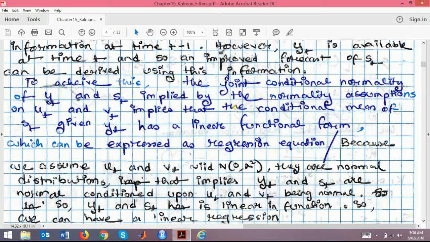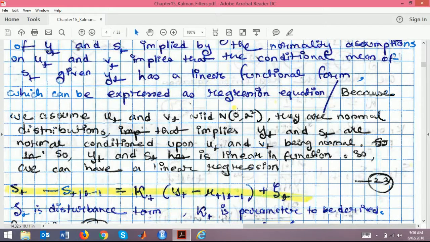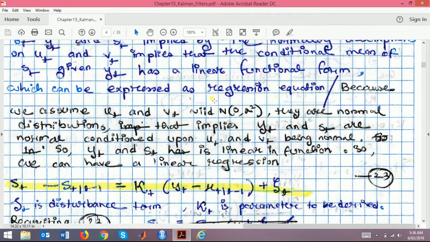That can be expressed as a regular regression equation. Because we assume ut and vt are IID normal distributions, that implies yt and st are normal, conditioned upon ut and vt being normal. So yt and st are linear in function, so we can have a linear regression now.